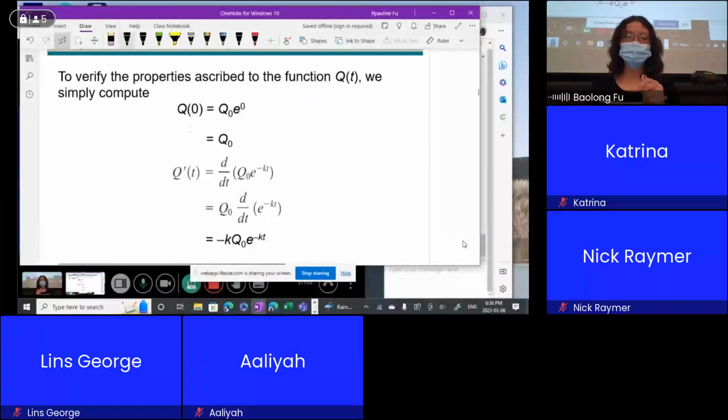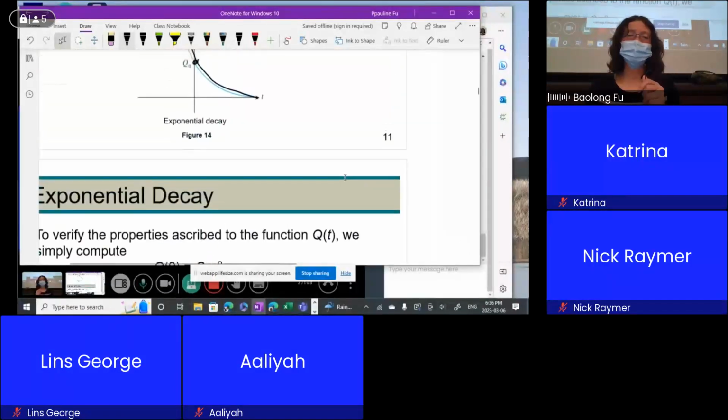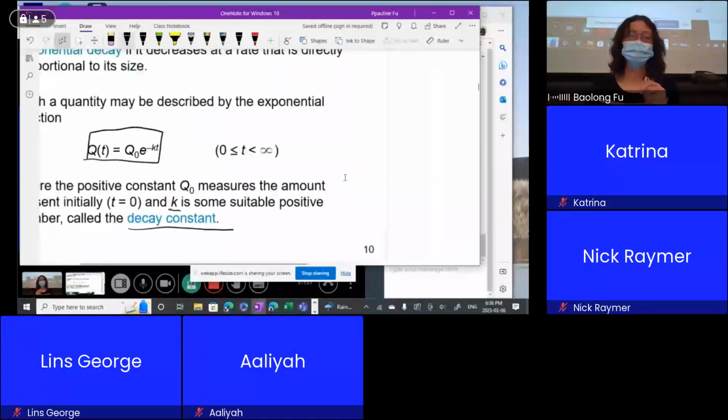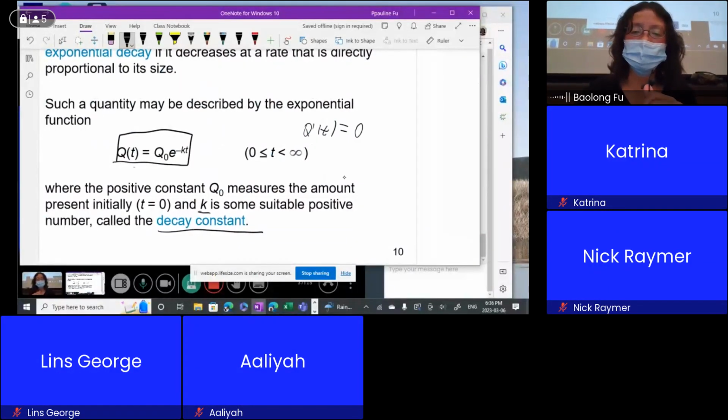By the same approach, we can take the derivative of Q(t) here. Remember what is Q(t)? This one. Both sides you take derivative. So copy down left-hand side.